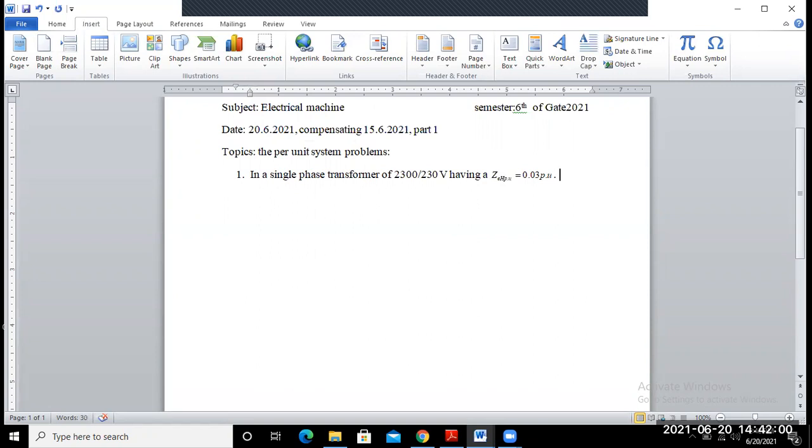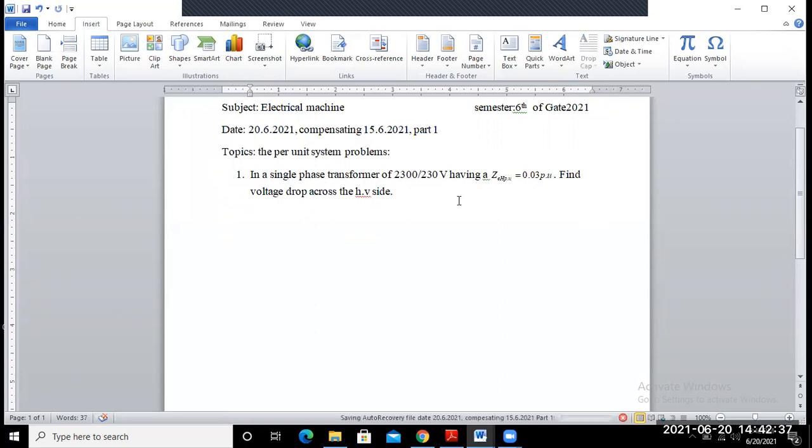Find the voltage drop across the HV side. So how can you solve this problem?